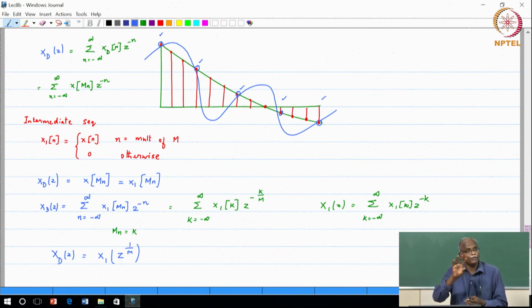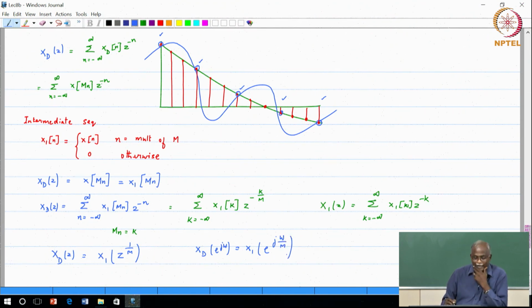Previously we looked at what happens when you have a scaling of L. So if Xd(e^jω) is equal to X1(e^j(ω/M)), now this is where you will see the stretching of the frequencies.